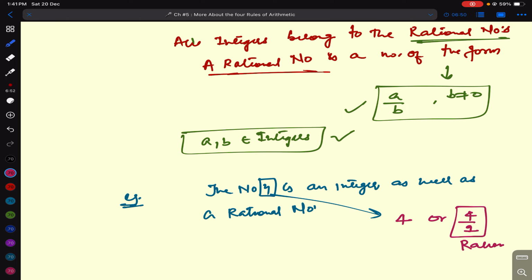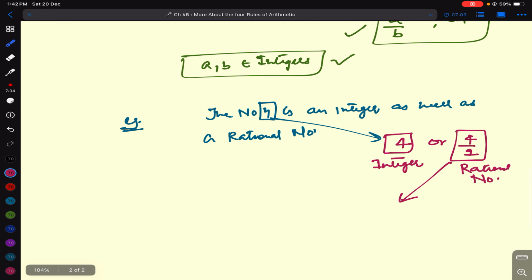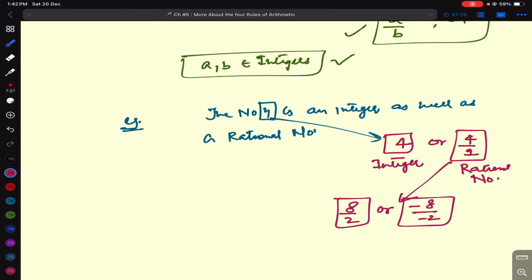So this is your rational number representation of 4 and this is your integer representation of 4. Now when we talk about the rational form, this can also be written as 8 over 2, right? Or its respective negative counterparts, which are negative 8 and negative 2. So we can rewrite 4 over 1 as 8 over 2 as well as negative 8 over negative 2.